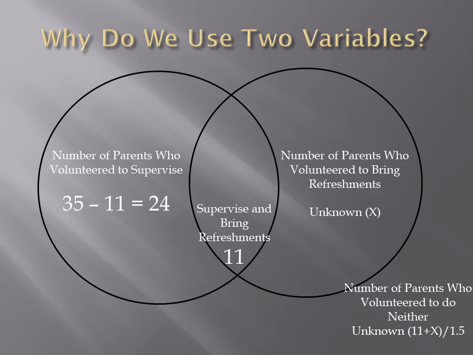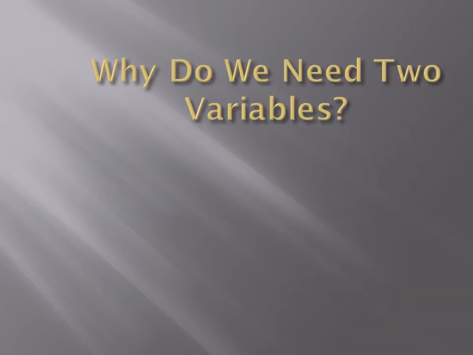This would no longer be the unknown Y, it would be the unknown (11 plus X) over 1.5. When you put that in, it gets really confusing and complicated. So it's easier to set one variable as X, one variable as Y, and then basically use two equations instead of one equation to solve. We'll walk through what I mean by that.